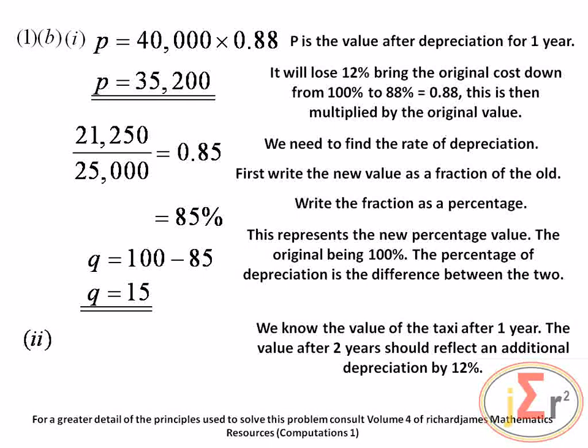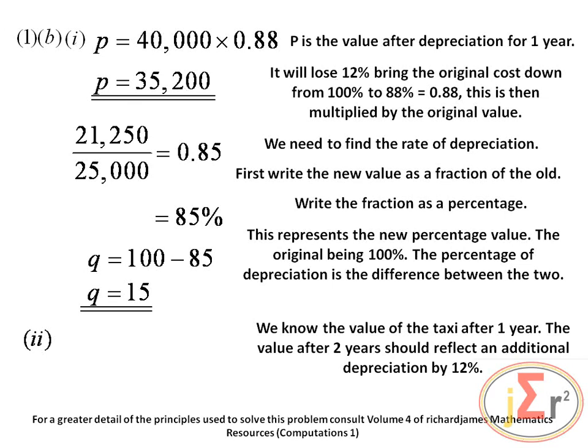We are now required to determine the value of the taxi after its value has been depreciated for 2 years. But here we have the figure after it has depreciated 1 year. So all we have to do is depreciate it by another year.